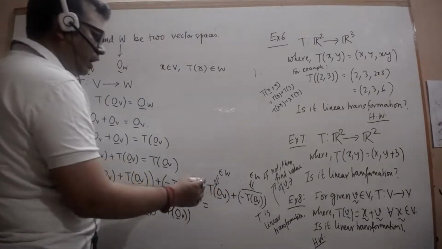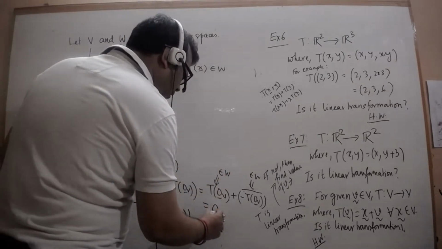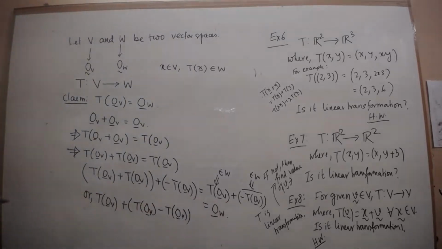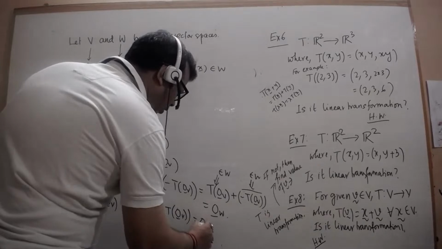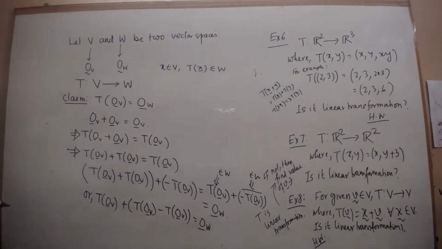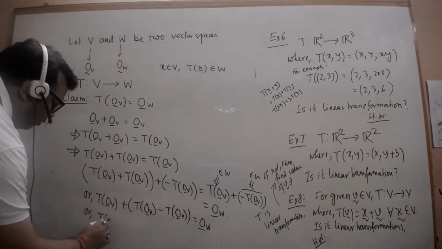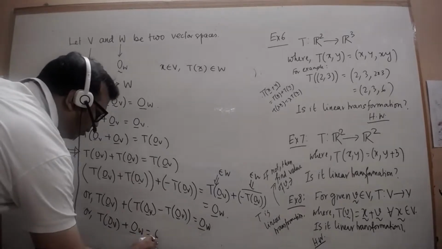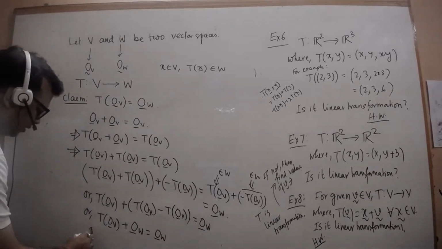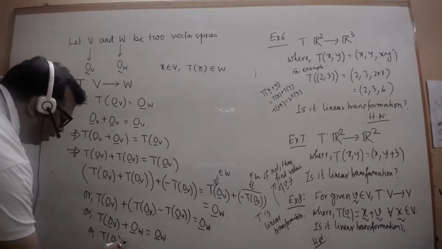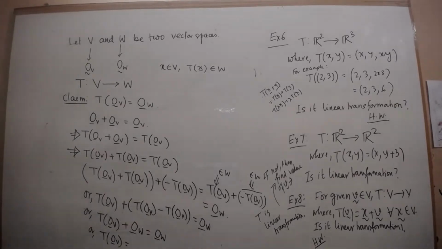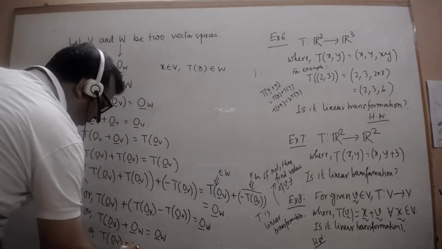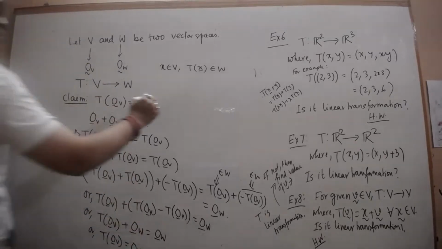This gives the null vector, and this null vector belongs to W, so it is O_W. So T(O_V) plus O_W equals O_W, and since x plus O gives x, T(O_V) equals O_W. Hence this claim is true.